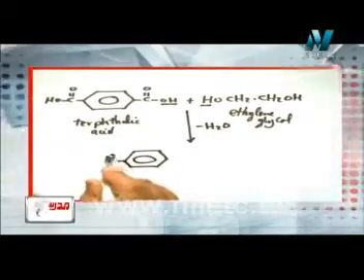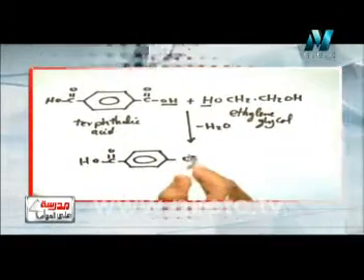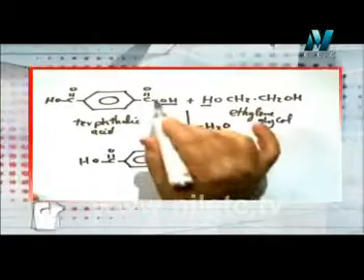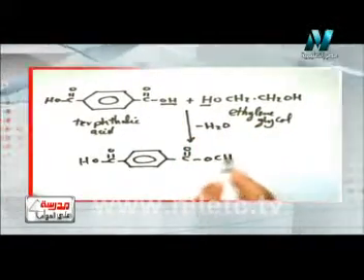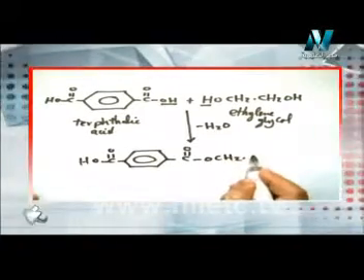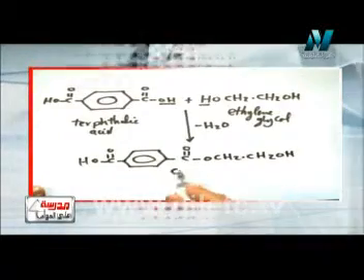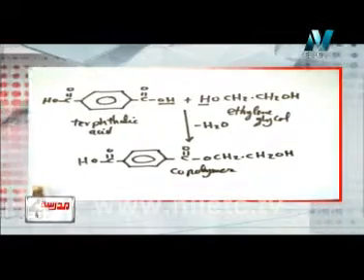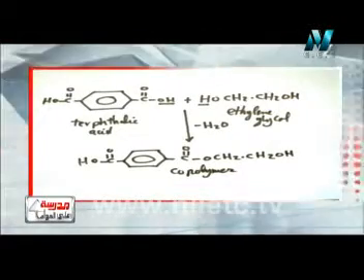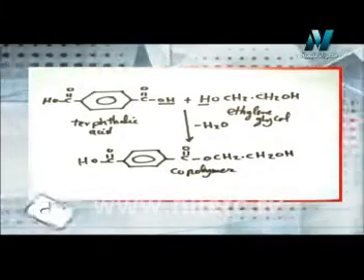The benzene ring contains COOH, and here C double bond O, and this bond is attached to O, CH2, CH2OH. It is a copolymer. This reaction is ester formation, and we can call it a type of polymerization, condensation polymerization.